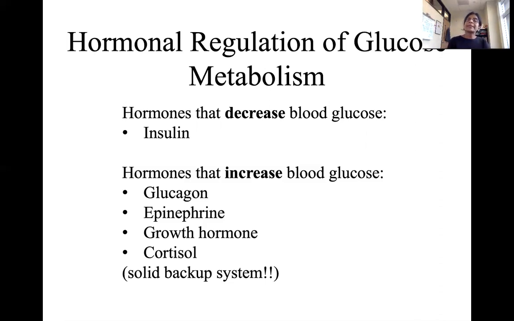Whereas these other hormones like glucagon, epinephrine, growth hormone, and cortisol will always lead to the breakdown of glycogen, so that there are increased levels of glucose in the blood. So they're all looking at one thing, that is how to increase blood glucose levels, typically to the normal range. However, insulin has the opposite effect.